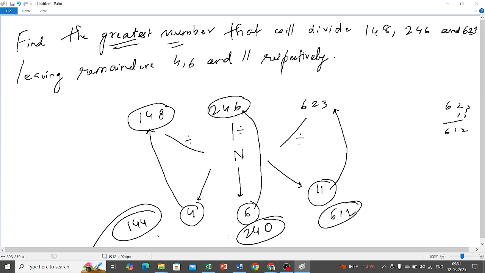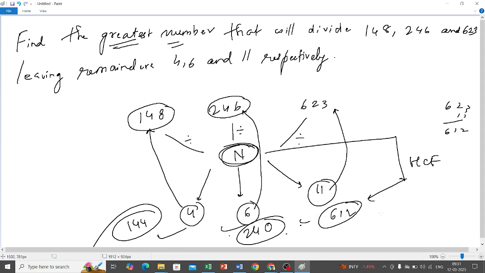Now these are the numbers which are perfectly divisible by this so-called number, because I have removed the remainders. And what is perfectly divisible by a number? That number is the HCF. So when we find the HCF of 144, 240 and 612, I will get 12.